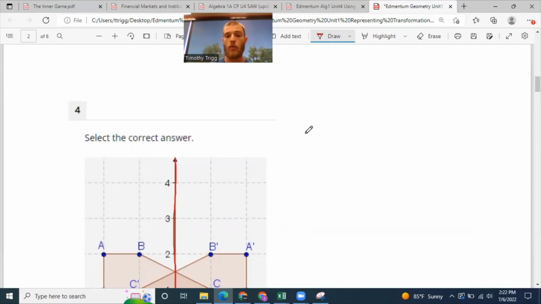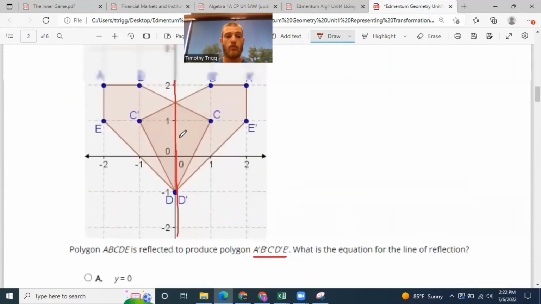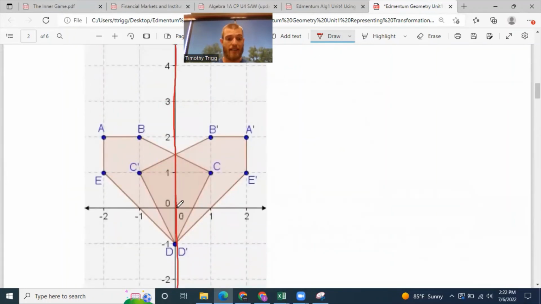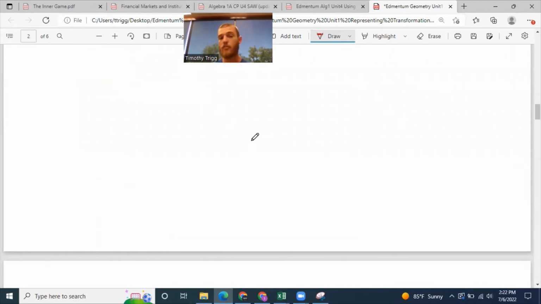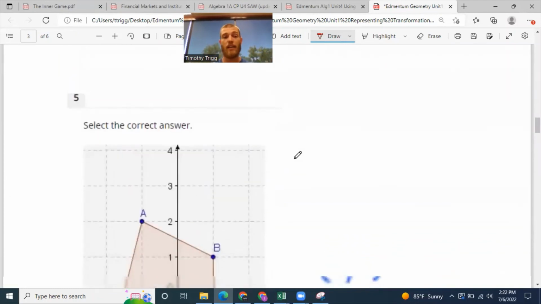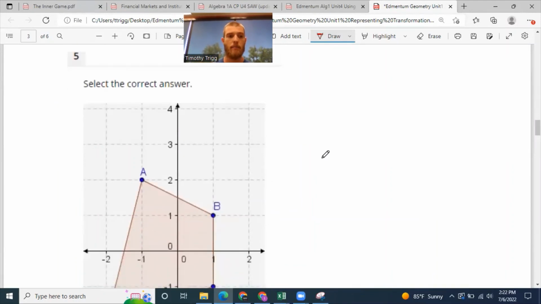And vertical lines are always in the form x equals some number. So what's the number here? Well, it goes through x equals 0. So that's going to be the equation there. Vertical lines are always x equals. Horizontal lines are always y equals. I know that's kind of counterintuitive, but that's the way it is.